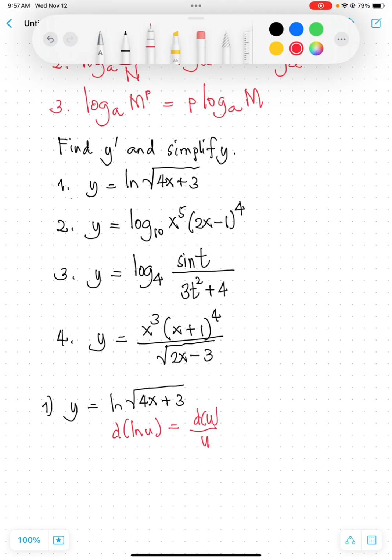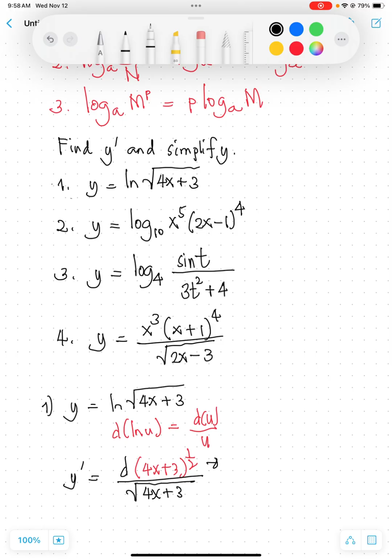Okay? So let's start. y prime equals derivative of u. Our u is this square root of 4x plus 3. In exponent, it is 4x plus 3 to the 1/2. So divided by u, and our u is square root of 4x plus 3.